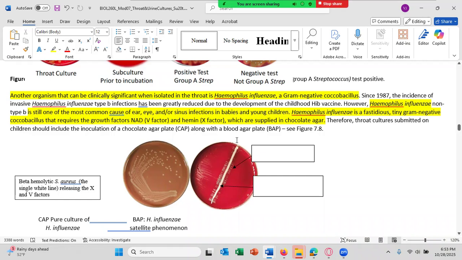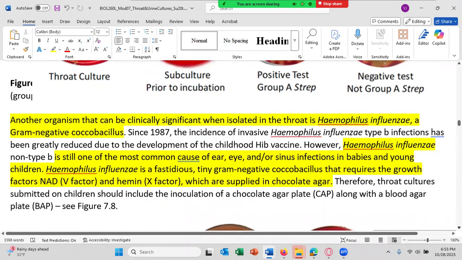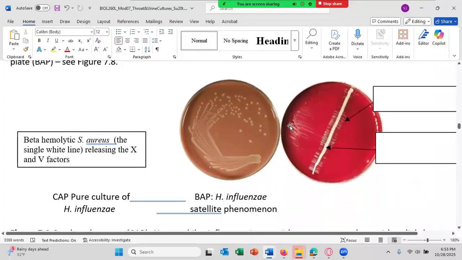However, if you were to streak a streak of Staphylococcus aureus down the blood cells like that, let me blow this up, and then streak the Haemophilus influenzae from here to there, you'll note that Haemophilus influenzae grows only in this region here around the streak of Staphylococcus aureus.